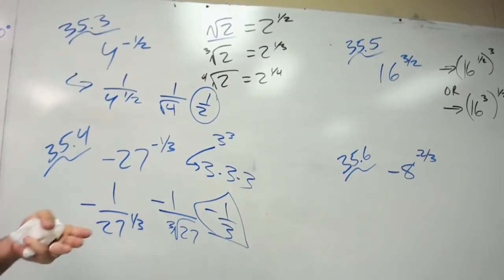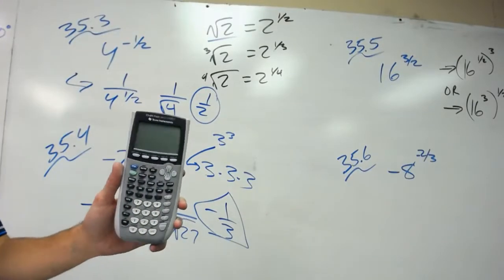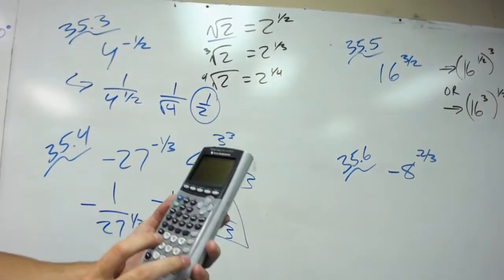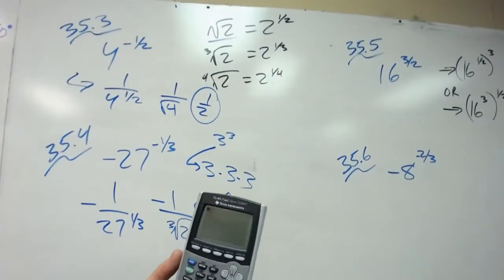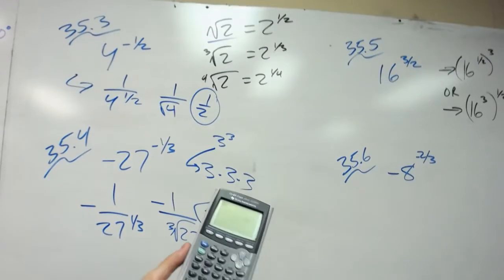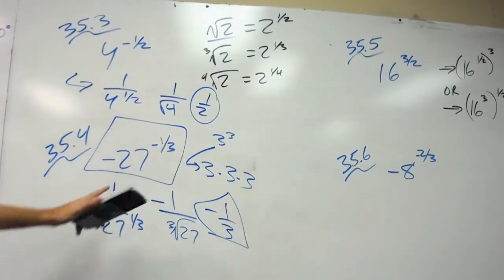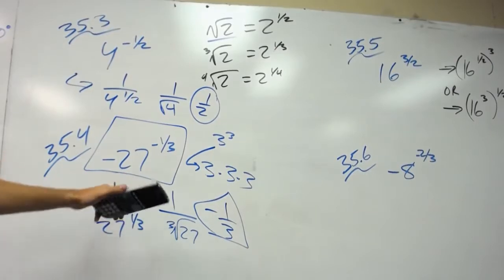Now I'll say this, you could actually use your calculator. I'm going to try to show you as best as I can from this angle. If I was doing example 35.4, look back at this right here. Let's go back there. I'm going to type that into my calculator.